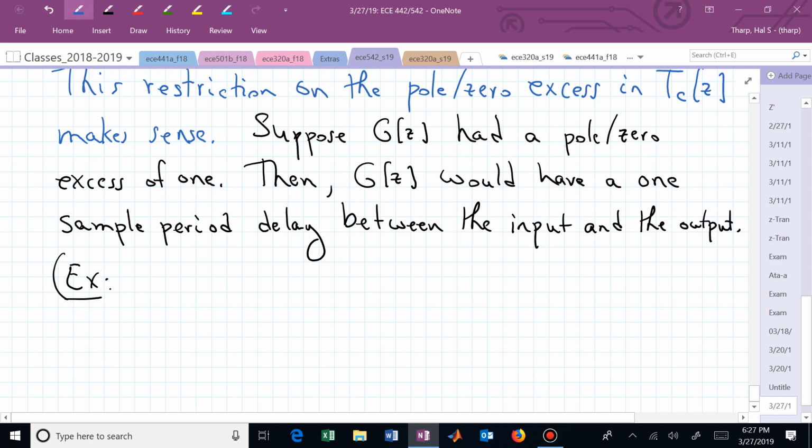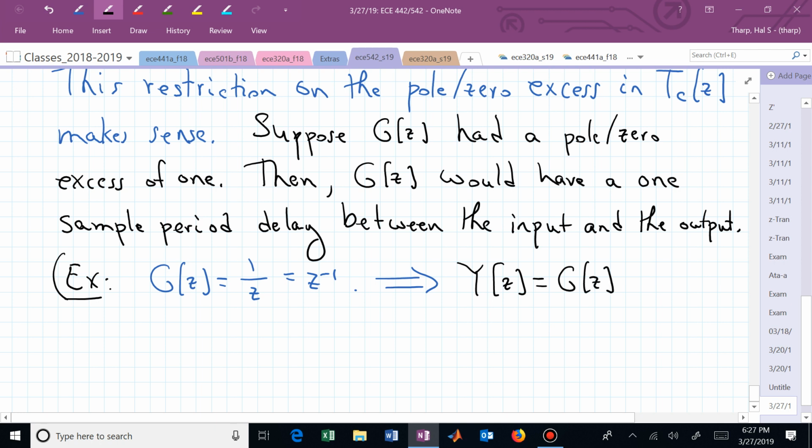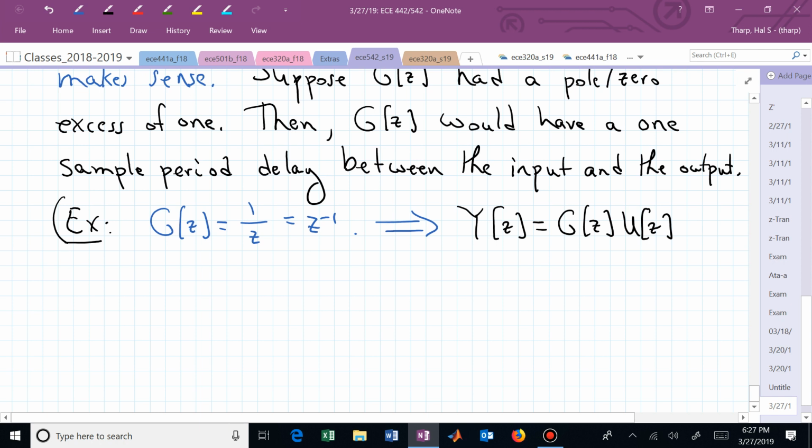Suppose we had a G of z that was 1 over z. Pole zero excess of 1, right? Or this is now z to the minus 1, which means that Y of z equaling G of z, let's say U of z, has what relationship in the time domain?